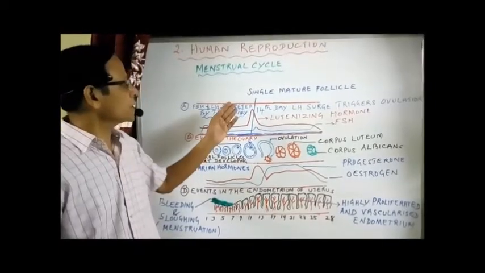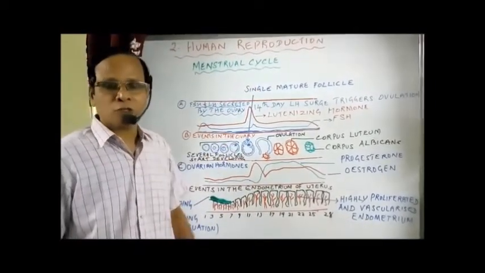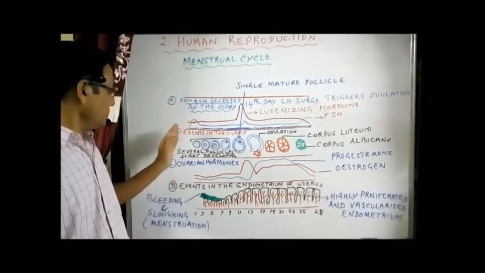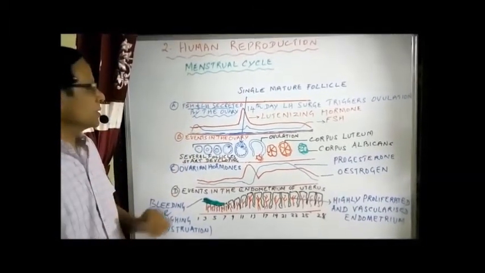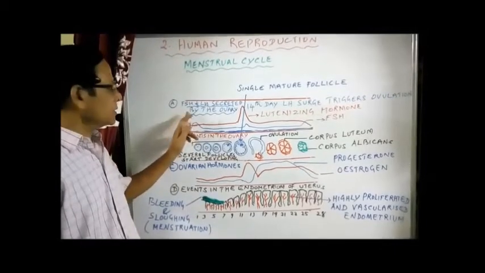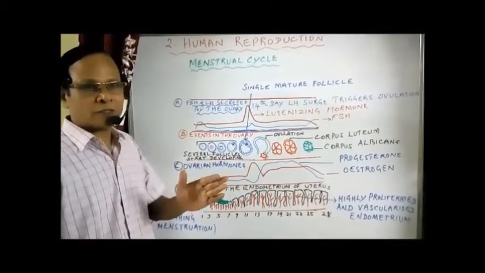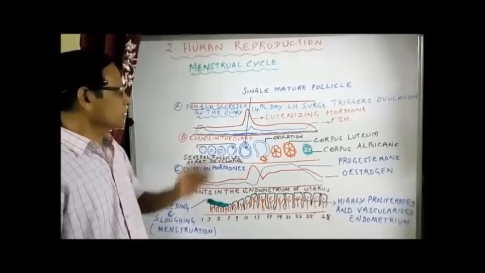The following diagram shows the various stages of the menstrual cycle. I represented 4 blocks A, B, C, D. In block A, I represented the anterior pituitary hormones, the levels of FSH and LH.